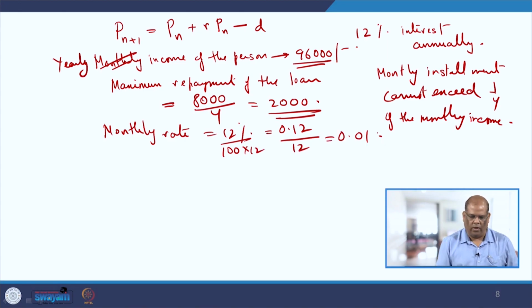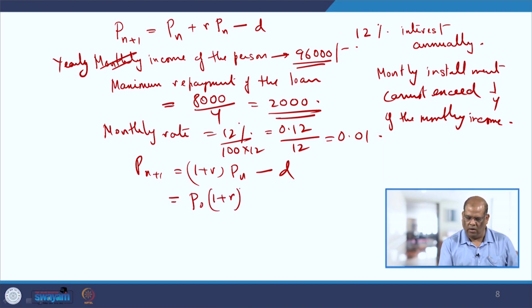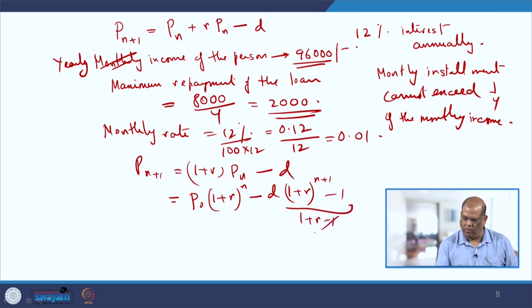So, if you now put everything here, P n plus 1 equals 1 plus R times P n minus your installment, and we know the solution of this is P 0 times 1 plus R to the power n minus D times 1 plus R to the power n plus 1 minus 1, divided by 1 plus R minus 1, which is R. This is the solution.